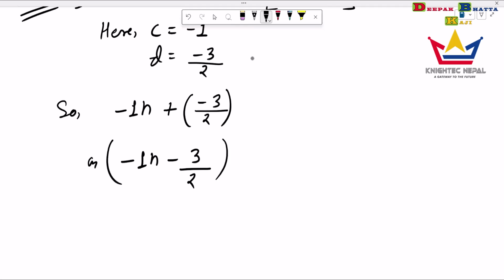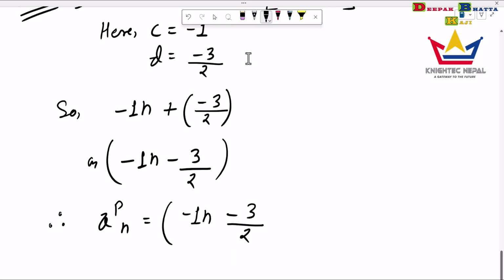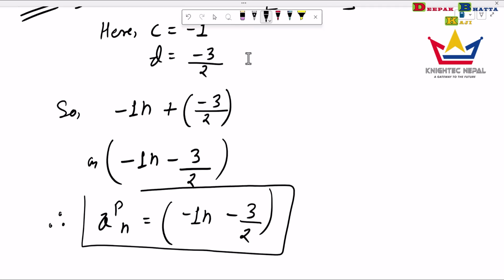So this is the value for, therefore A raised P n equals minus 1n minus 3 divided by 2. So this is the value for A raised Pn.